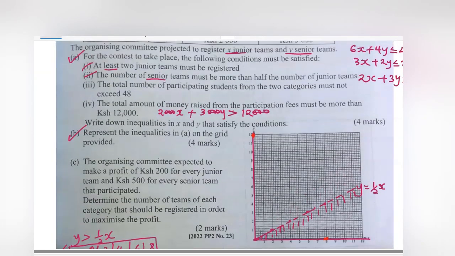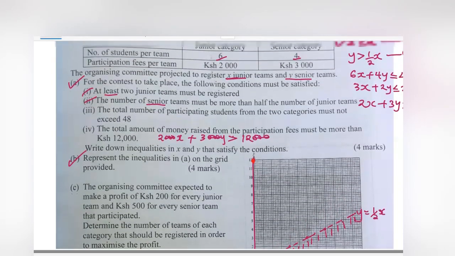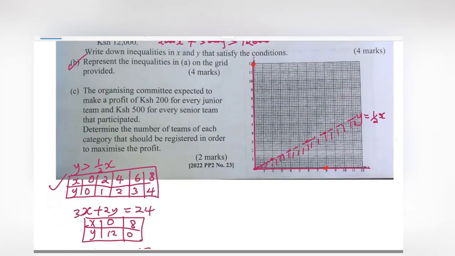From the inequality, we are assured that the 2 are included, and therefore we draw a complete line joining the 2 points before we shade.